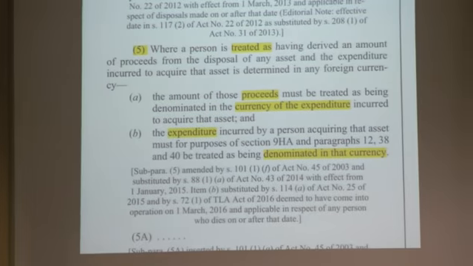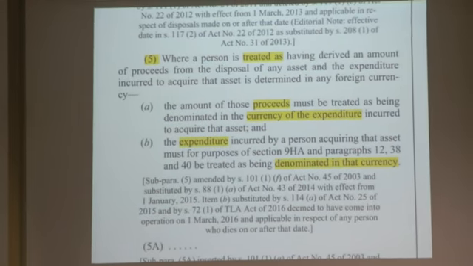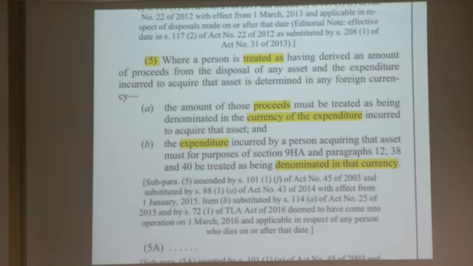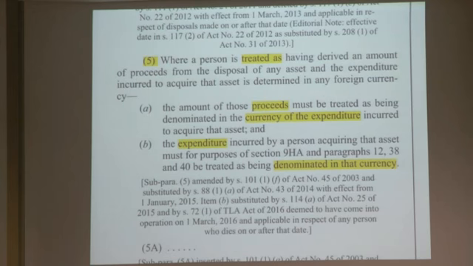Obviously, if you're not a natural person, you don't qualify for the simple method, you're going to go on to the next one, but they just open that door for you, so they deem it to be in the same foreign currency. And then the person that gets something for free, if the asset was donated, it is then deemed that they get it in that foreign currency. So later on, for their disposal, they will have to apply the rules, either proceeds in the same currency or a different currency on disposal.